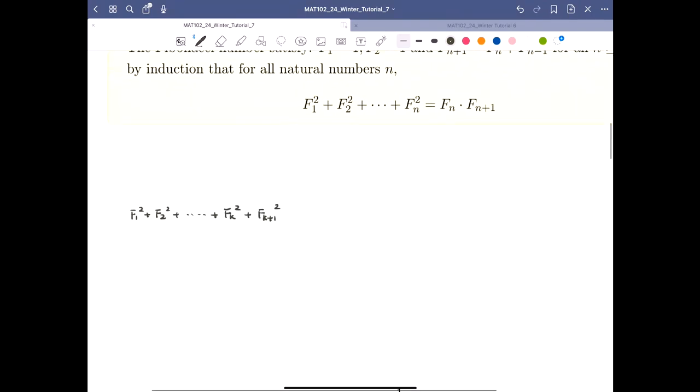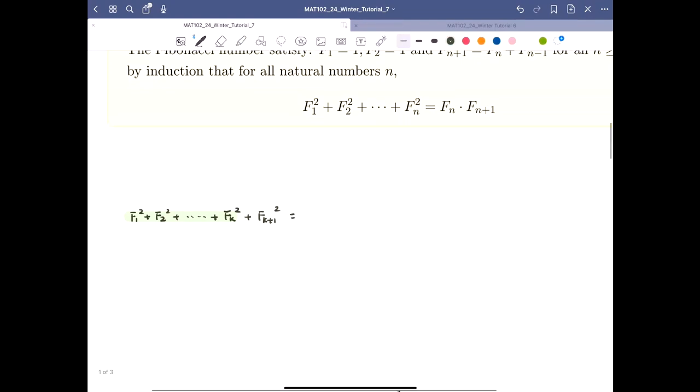This is what I have, and I need to show that this equals Fk+1 times Fk+2. But I notice that this first part is basically my IH, so I can let it be Fk times Fk+1, plus Fk+1 squared. This is by IH, and this IH is P of k.